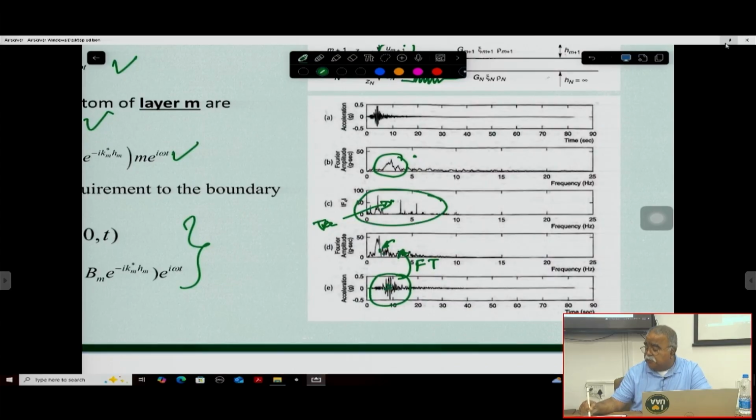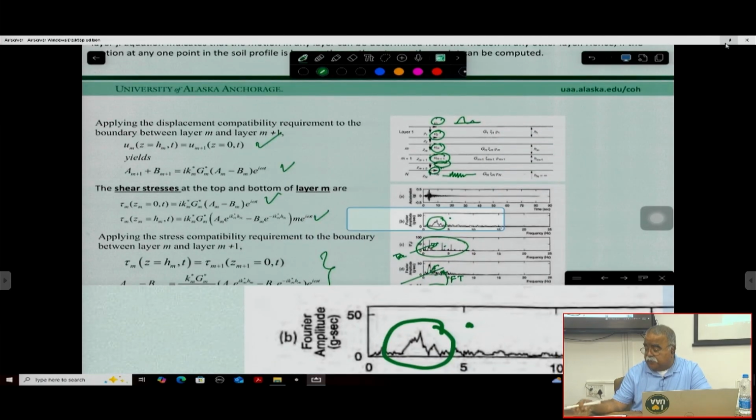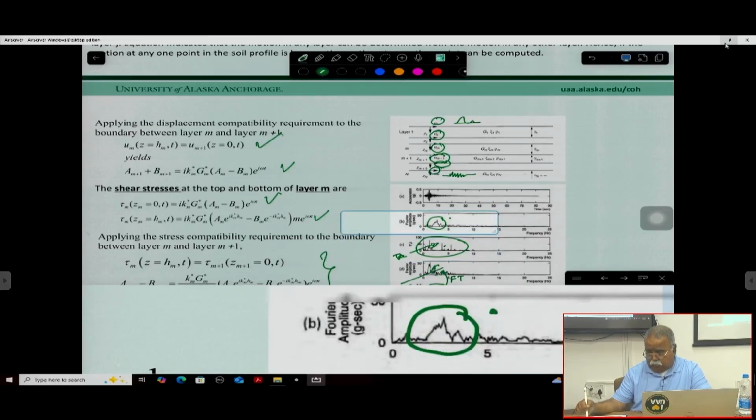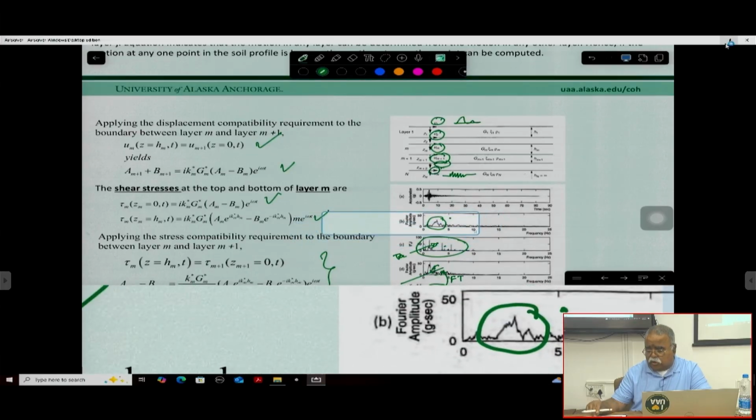If you know the transfer function, you will automatically be doing this, because that is inside the borehole or something like that on the rock side. Then you take the Fourier transform of it, and if you know the transfer function, just multiply your rock side Fourier transform and you get the soil side Fourier transform.